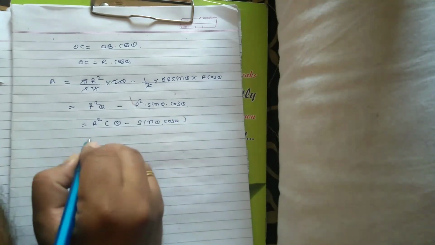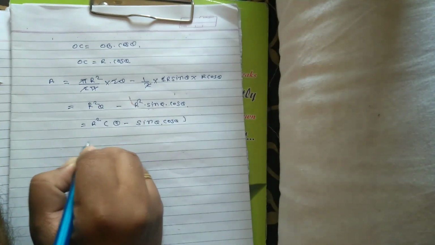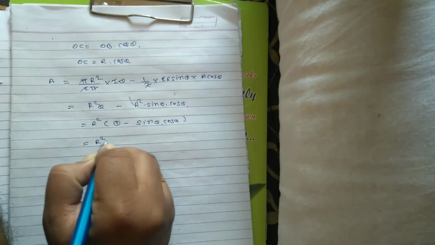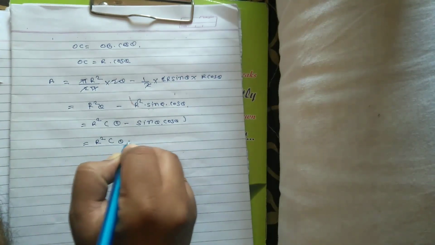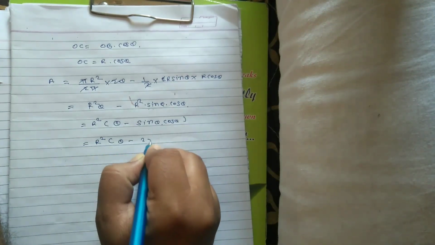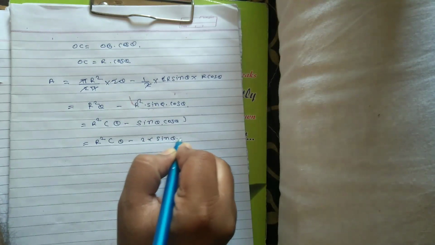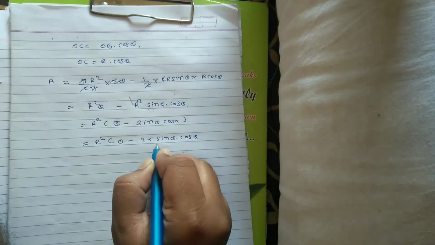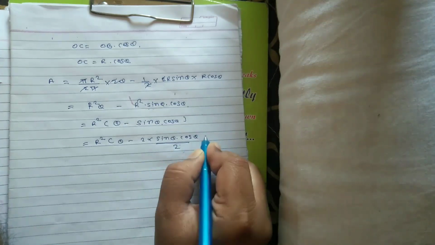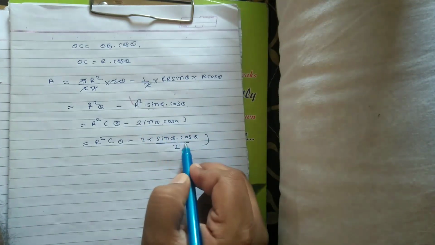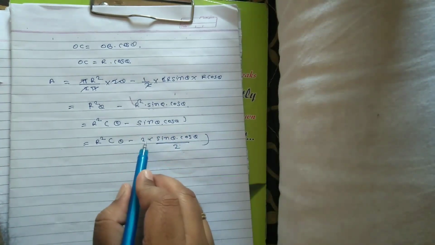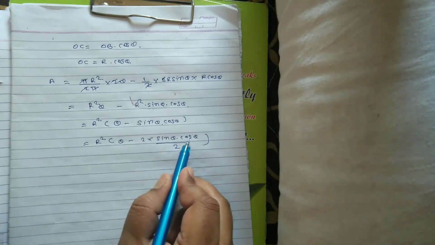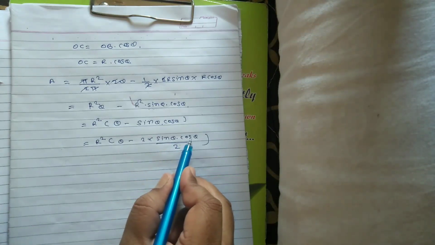Now I will do some modification on this. I will multiply the sine theta cos theta by 2 and divide by 2. So what is 2 into sine theta into cos theta? That is nothing but sine 2 theta.